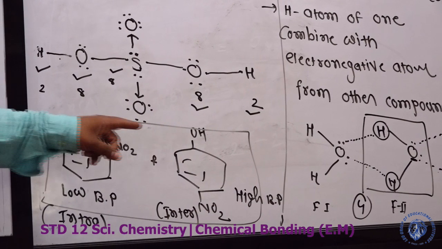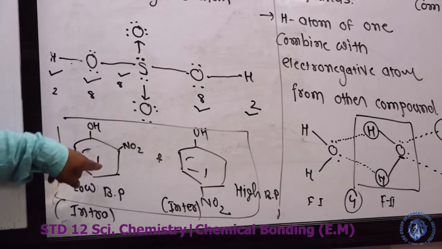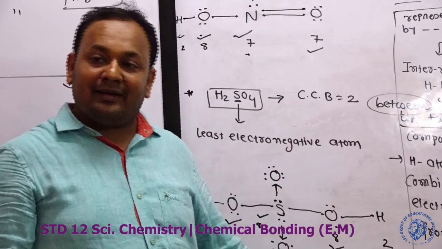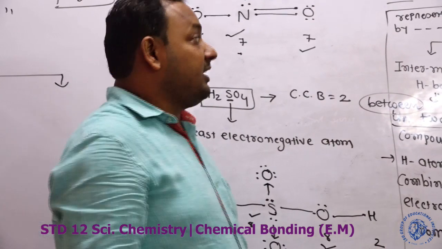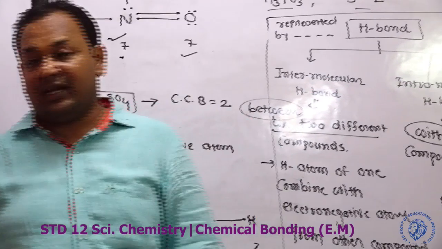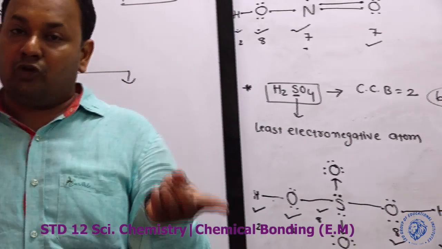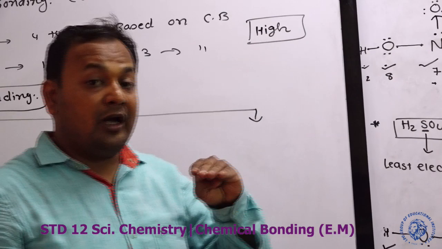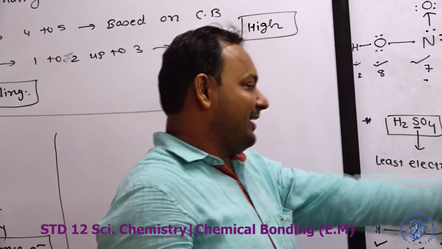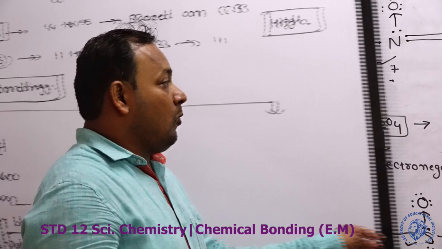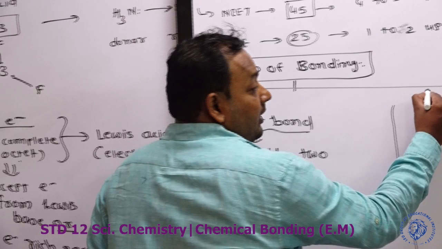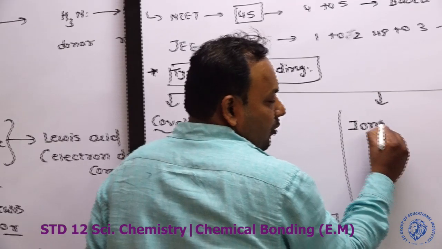So, if we like to separate the ortho from para isomers, go for steam distillation, where the ortho form can separate out first and para separates later. This is the way hydrogen bonding can be utilized. And as the number of hydrogen bonds increases, boiling point increases.